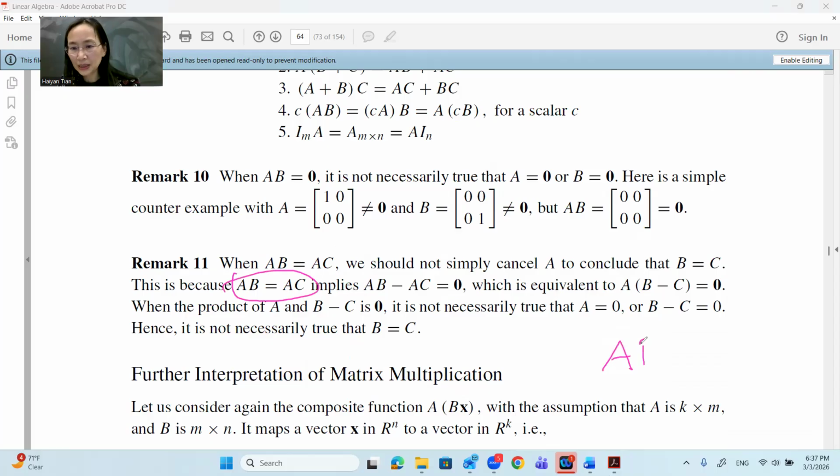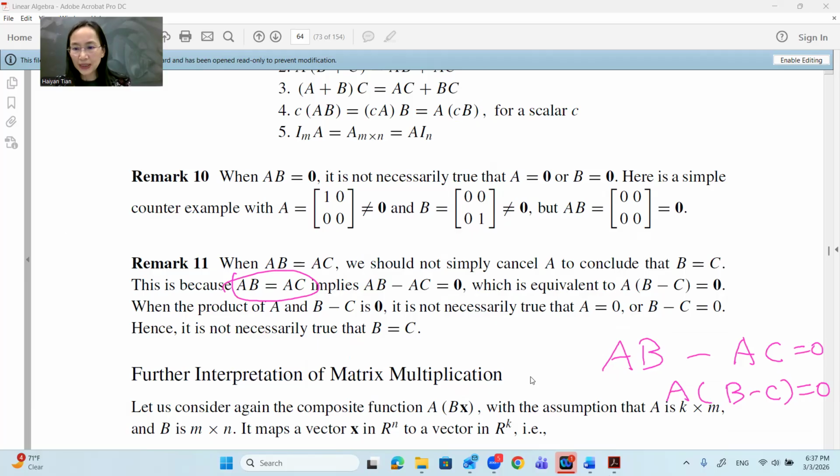Because AB equals AC, the difference is 0. That is equivalent to, by the distributive property, A times (B minus C) equals 0.